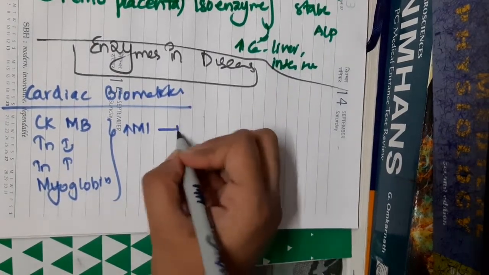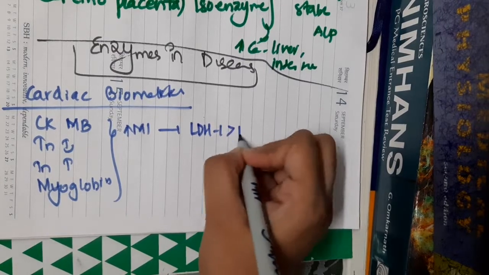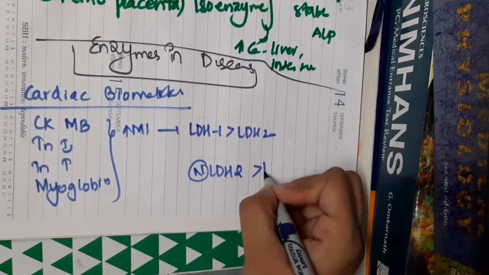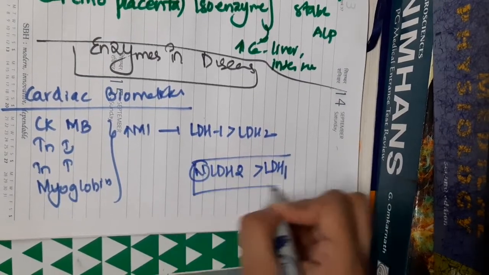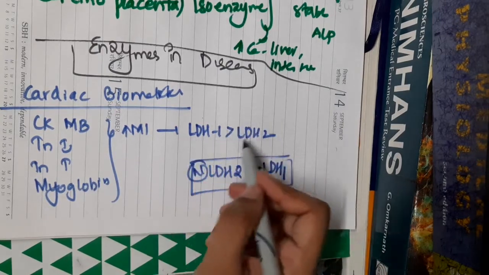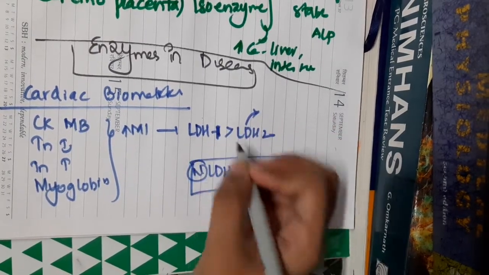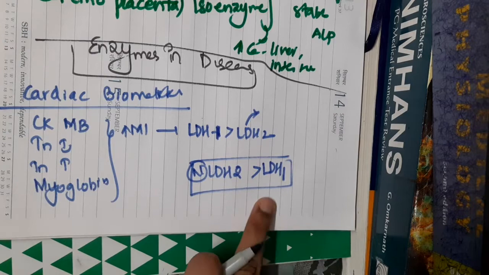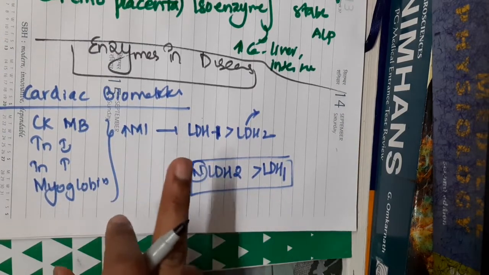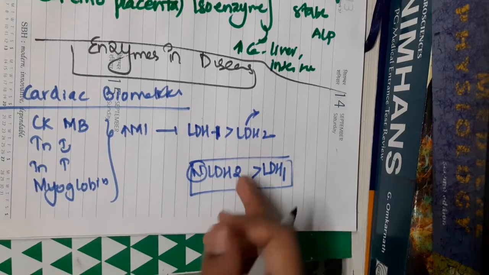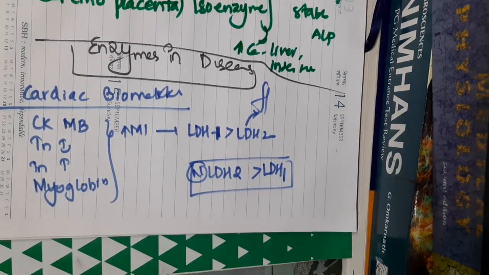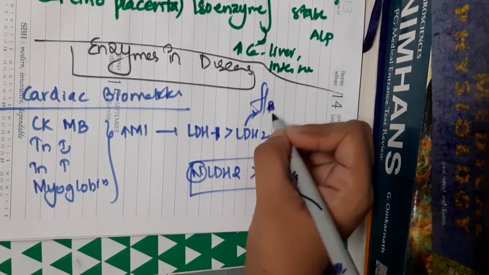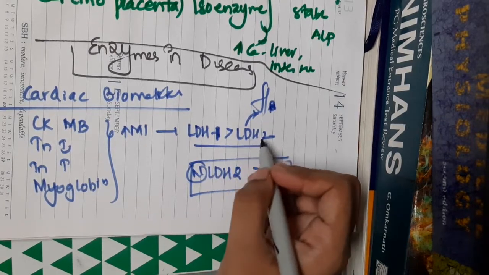In MI, LDH1 is increased more than LDH2. Normally LDH2 is present in greater quantity than LDH1, but in MI LDH1 is present more than LDH2.